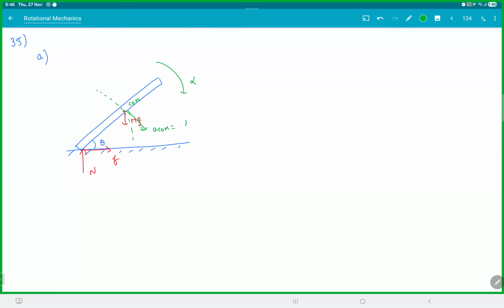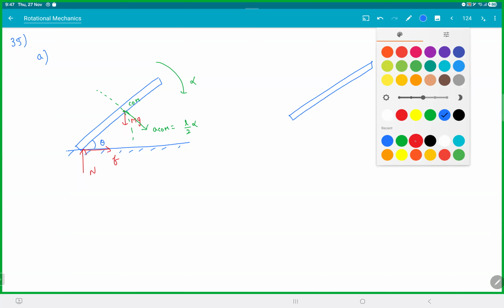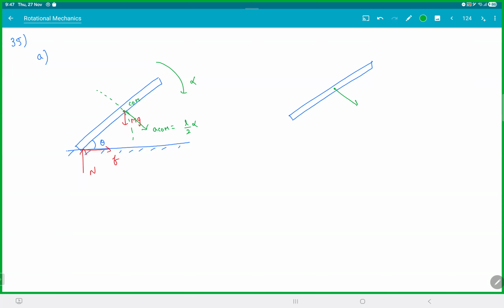So A center of mass is L by 2 alpha, right? So if this is A center of mass, this is theta, this is theta, this is 90 minus theta, then the horizontal component AX will be A center of mass cos 90 minus theta, which is sine theta.